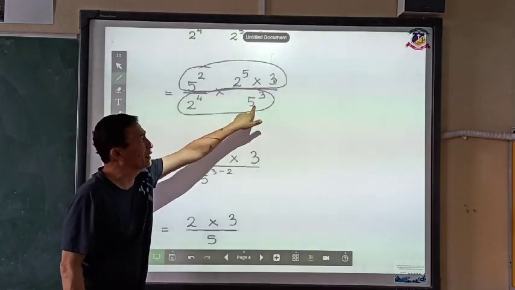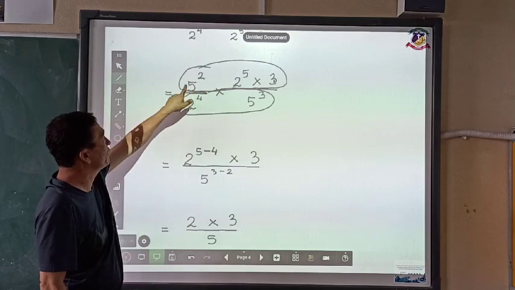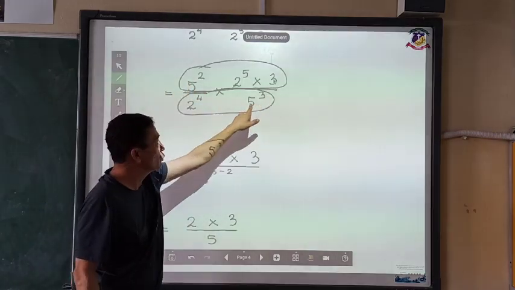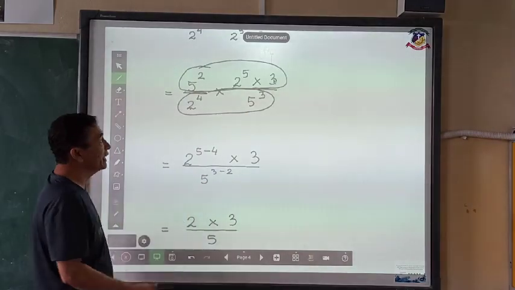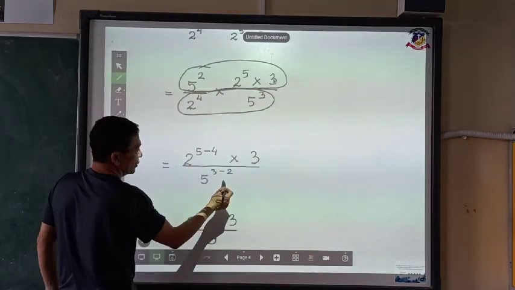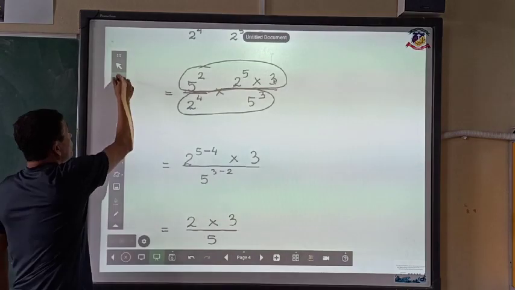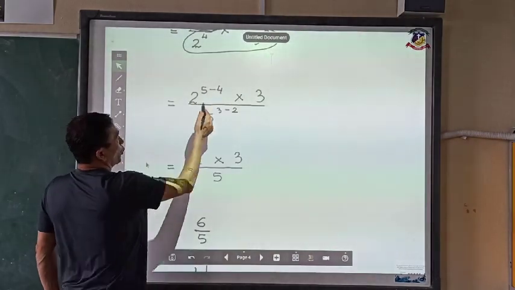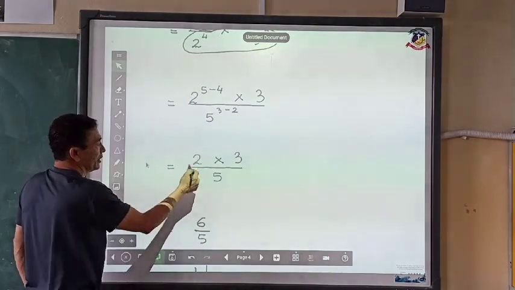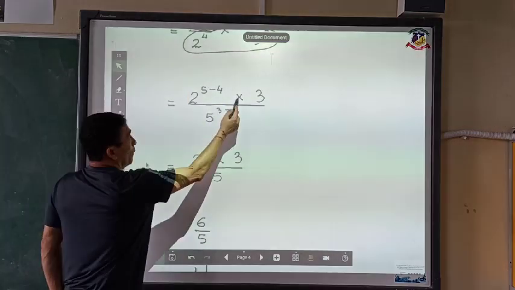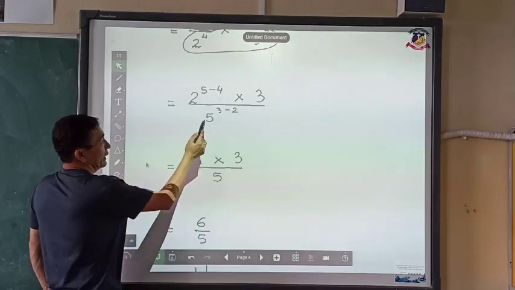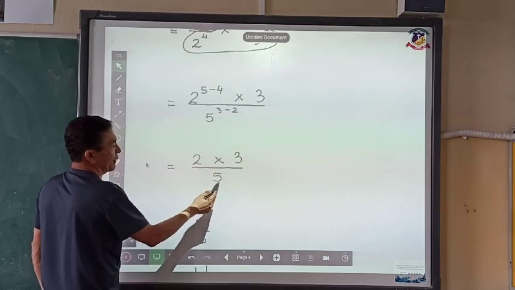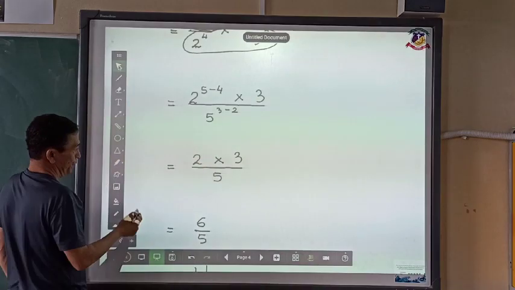The base in the denominator here is 5 and the base in the numerator is 5, but the power here is more, so 5 goes in the denominator, and it becomes 3 minus 2. 2 to the power of 5 minus 4 is 2 to the power of 1, which can be written as 2 multiplied by 3, and in the denominator 5 to the power of 3 minus 2 is 5 to the power of 1, which can be written as 5.